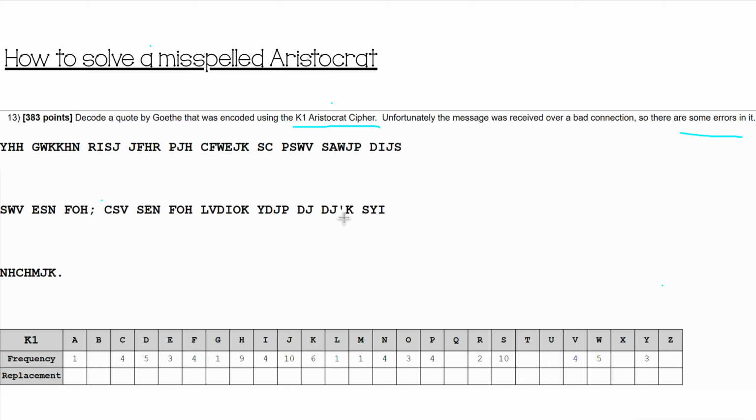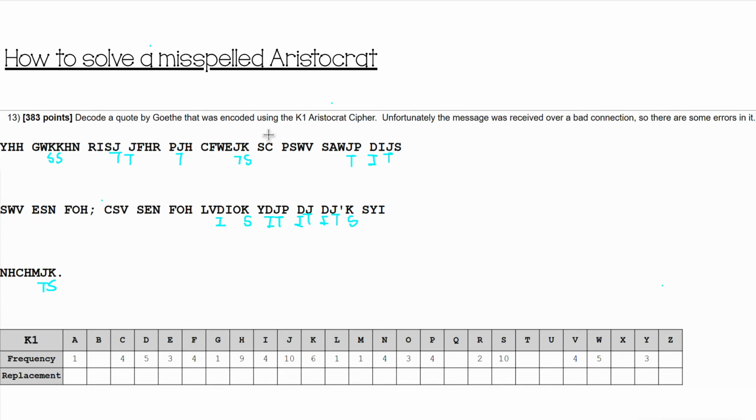Usually a 3-letter word with an apostrophe before the last letter is something like it's. In misspelled aristocrats, not all of the words will be misspelled, just a couple or half of them. So that's another thing to note.